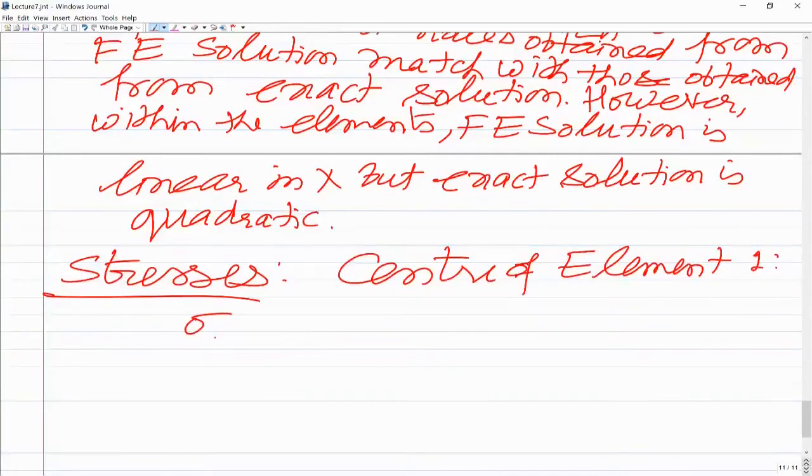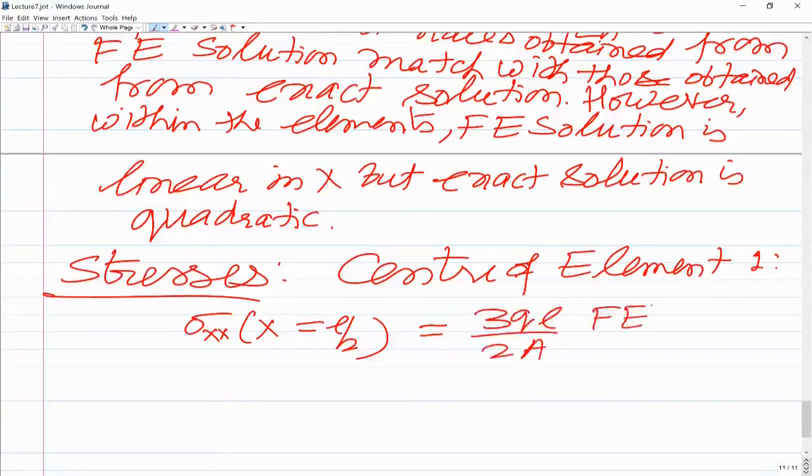You can use either capital X or small x, that really doesn't matter. So this is sigma xx at x equal to L by 2. Because in the FE solution we have constant stress, it is independent of the X coordinate, so this will be simply 3QL upon 2A, that we have already calculated. So this is the FE solution.